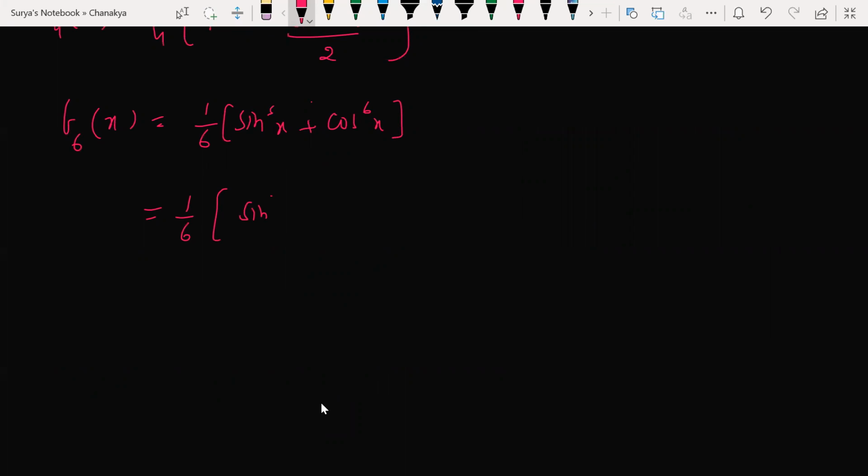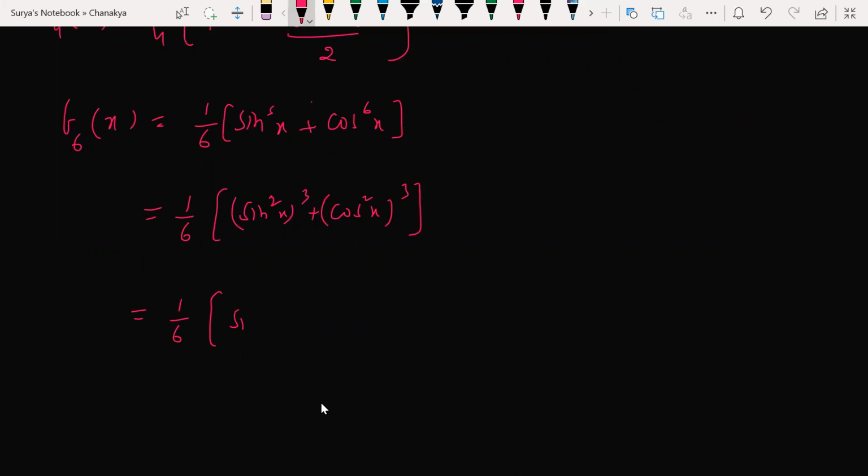Let's write it like this. You can use the a cube plus b cube formula, or else we can just convert it as sin square x whole cube plus cos square x whole cube. A cube plus b cube formula: a plus b into, or else you simply write this. I'll tell you one thing.